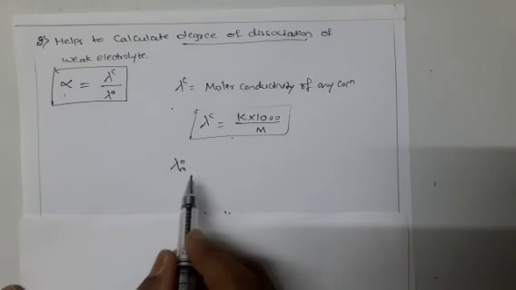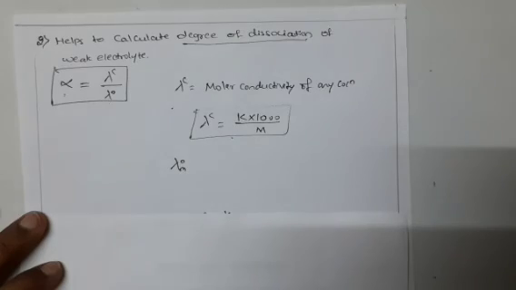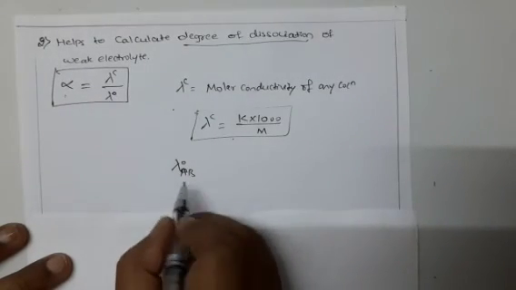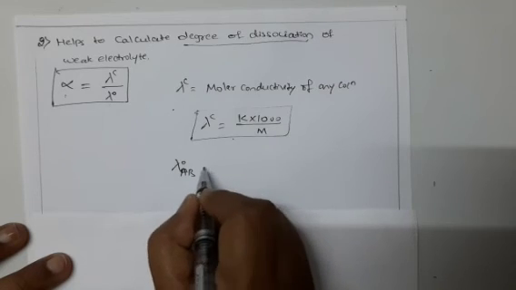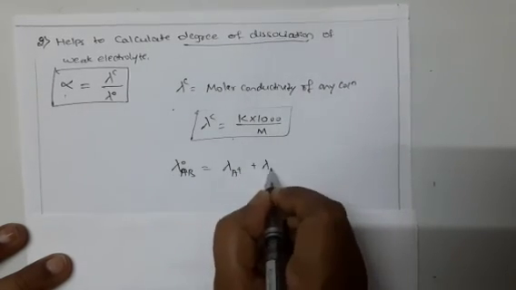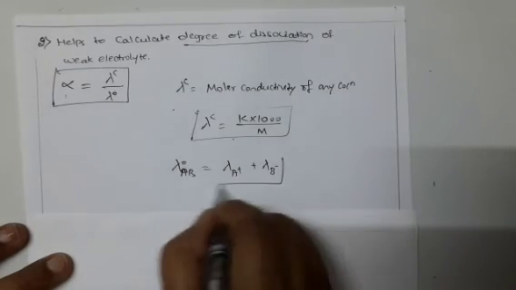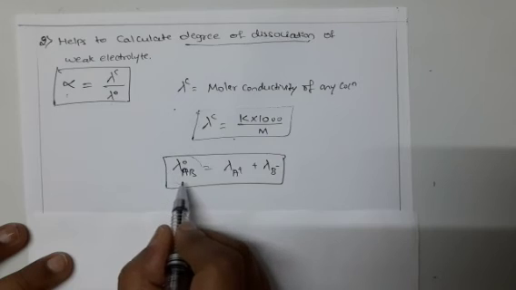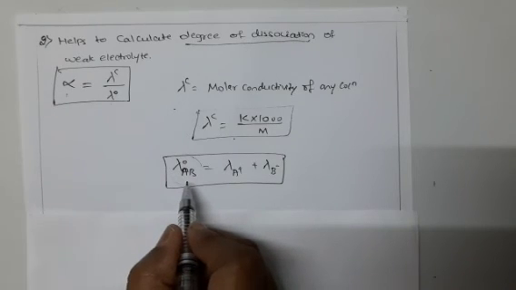In the first application we are calculating lambda M naught by taking, for example, an AB electrolyte, so we can write lambda A plus plus lambda B minus. So from this first application we are calculating lambda naught of the weak electrolyte.